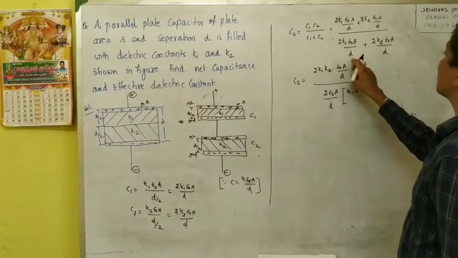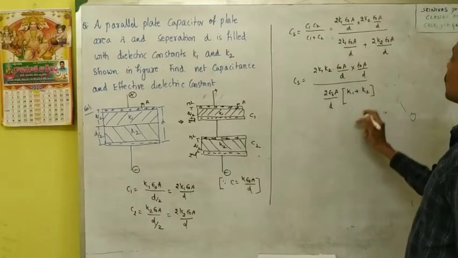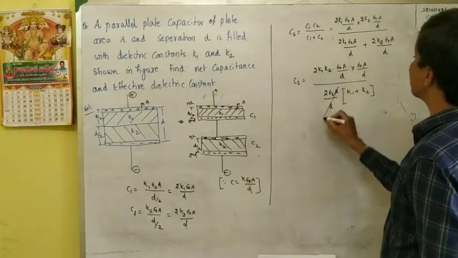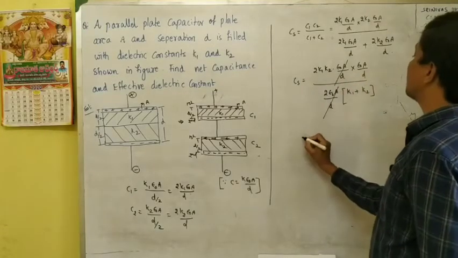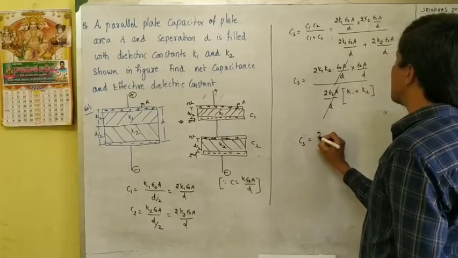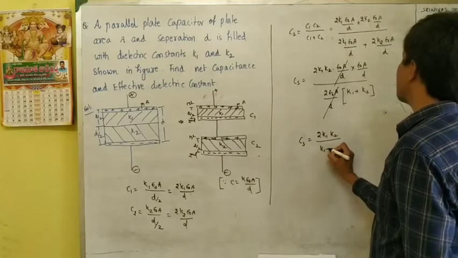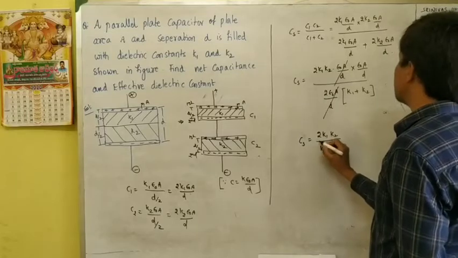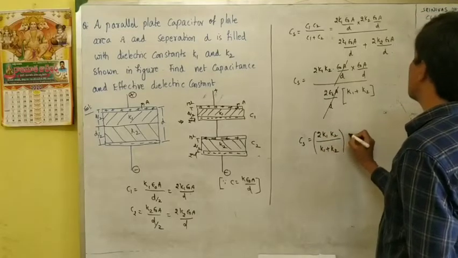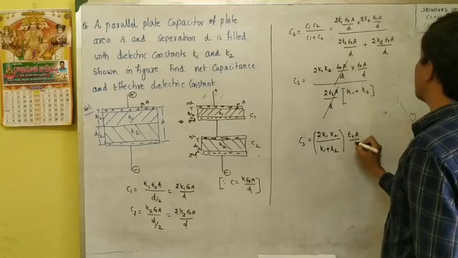Here, with 2 epsilon naught A by D common, K1 remains and K2 remains. Now something will cancel, epsilon naught A by D, and finally we get the effective capacitance as 2K1 K2 by K1 plus K2, into epsilon naught A by D.